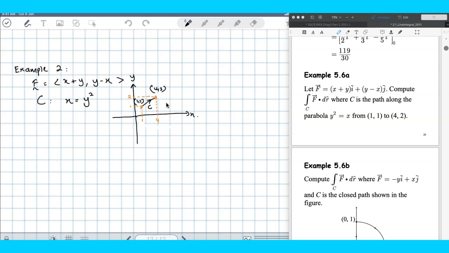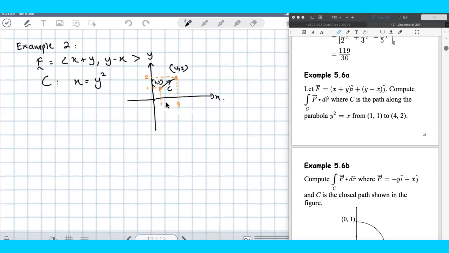Okay, so now you only have x and y. There is no z. So now we want to obtain the f dot dr. So what is dr? dr is dx, dy. It is a vector, okay?